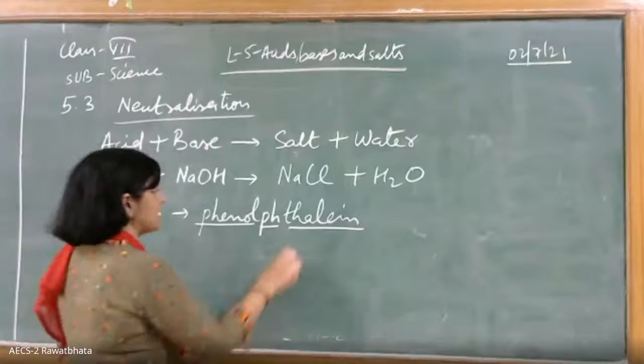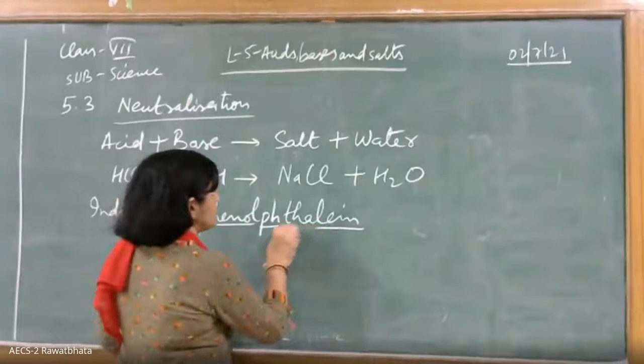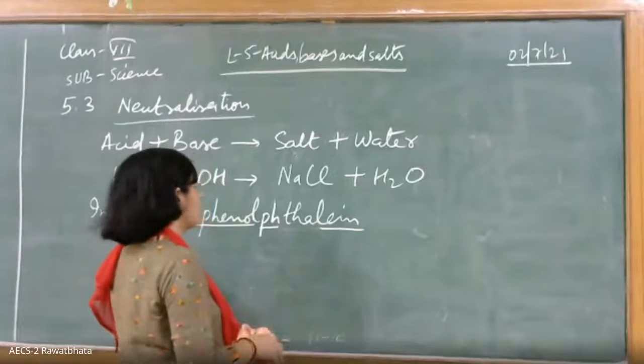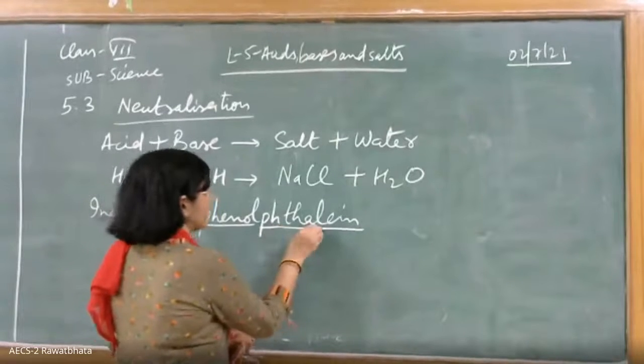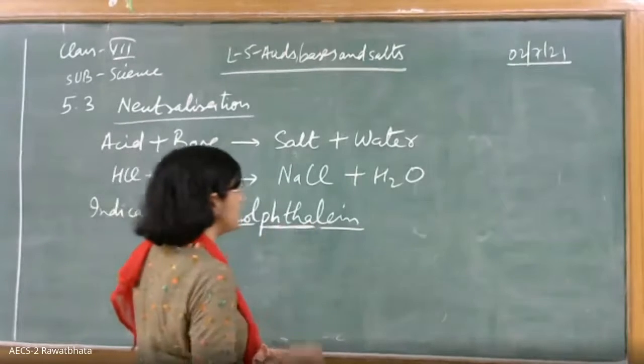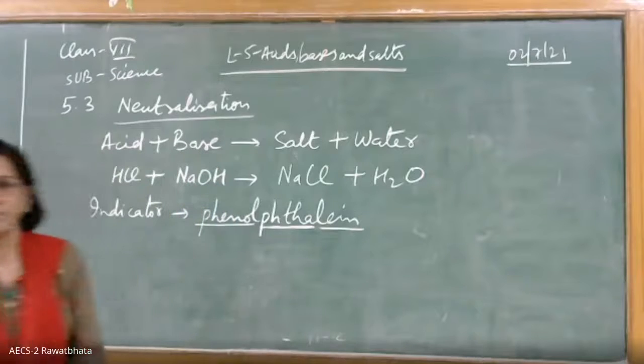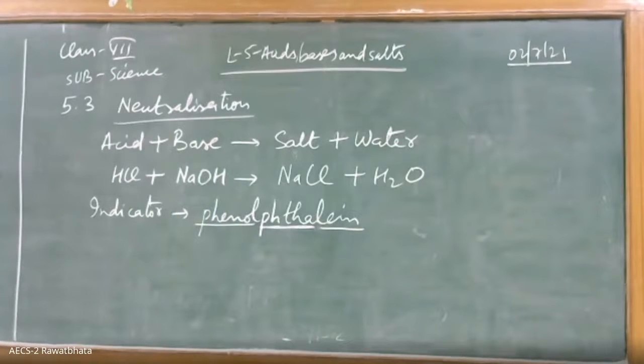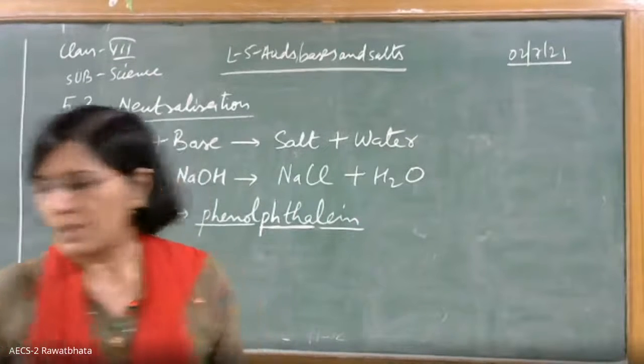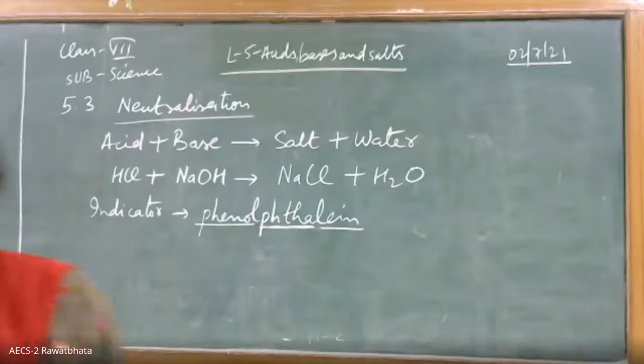Four alphabets if we take up, we can take it this way: phenol, that is pH, PHA, and then LEIN, phenolphthalein. Now, the basic concept in this phenolphthalein is, once it is added to solutions, it gives different colors.